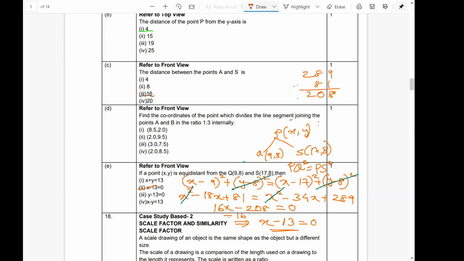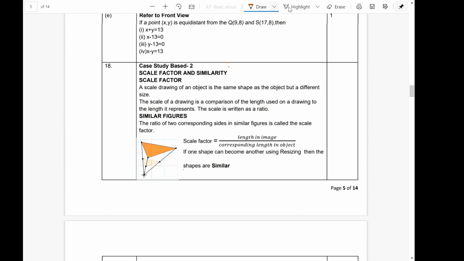So that's all about the case study question 17. Now about scale factor and similarity. A scale drawing of an object is the same shape as the object, but a different size. The scale of drawing is a comparison of the length used on a drawing to the length it represents.